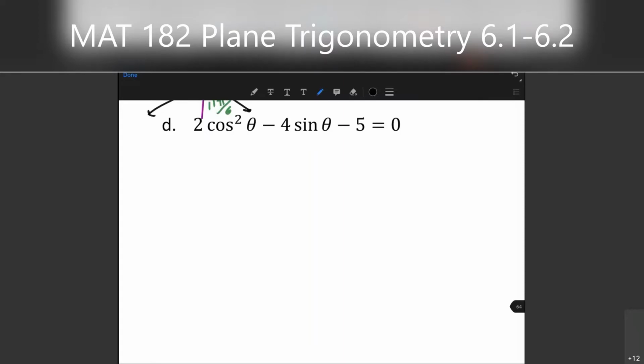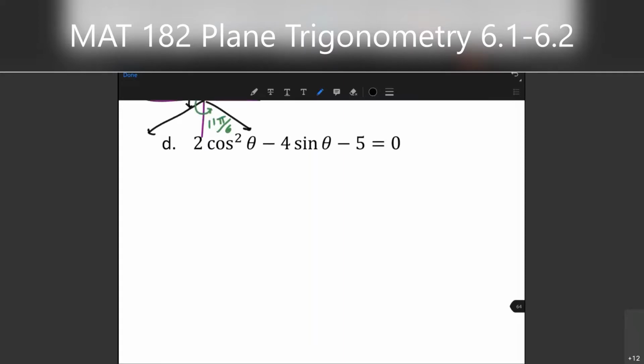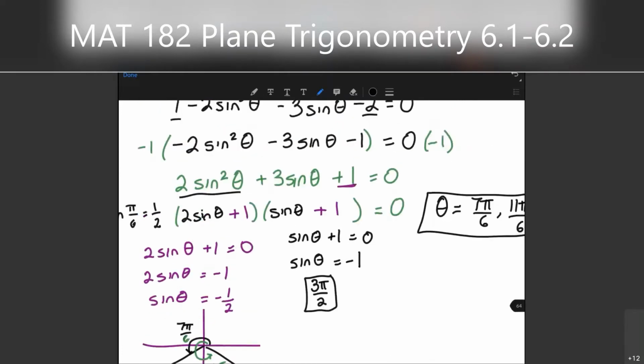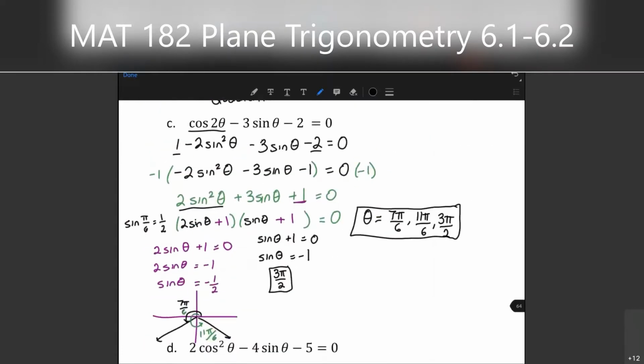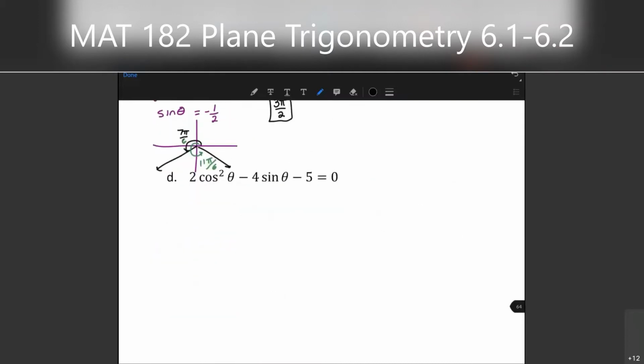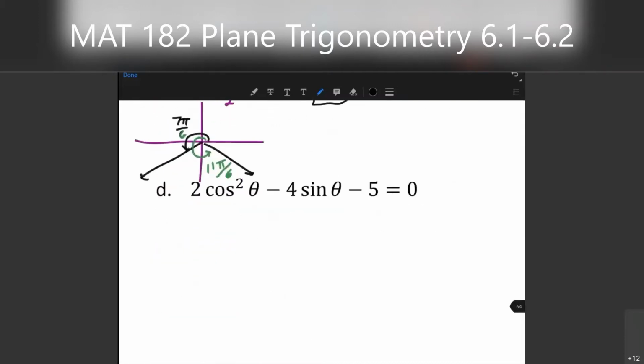So we're going to start really similar to what we did in our last problem with the cosine 2 theta. But in this case, we're going to use a different identity, and that identity involves the Pythagorean theorem. So remember that we have sine squared theta plus cosine squared theta equals 1. That was our Pythagorean theorem for trigonometry.